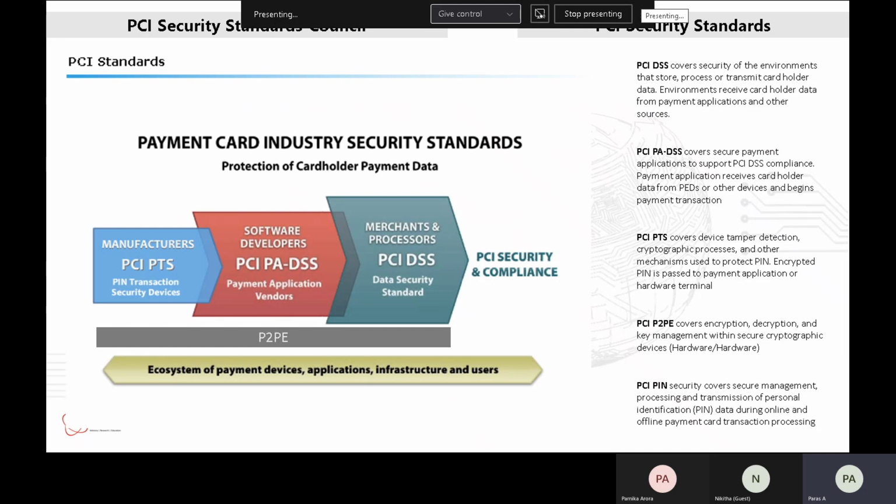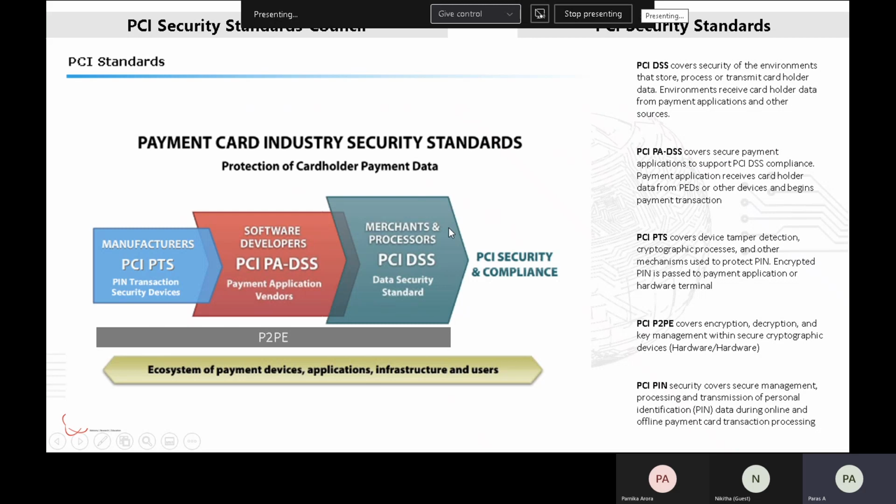Another standard that the PCI Security Standards Council created was P2PE. This P2PE is for encryption, decryption and key management for hardware to hardware interaction. PCI PTS, which covers PIN transaction security devices like the PED terminals where we swipe the card and enter the PIN, will come under PCI PTS. Any online transaction that we do on Razorpay or a payment gateway will come under PCI PA-DSS.